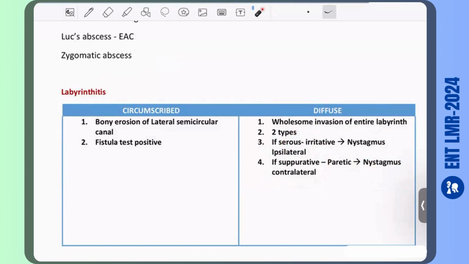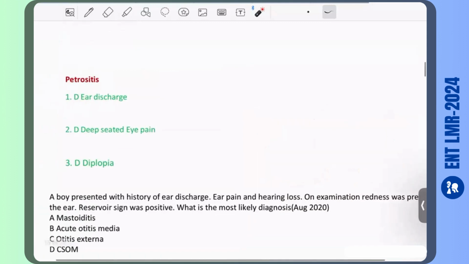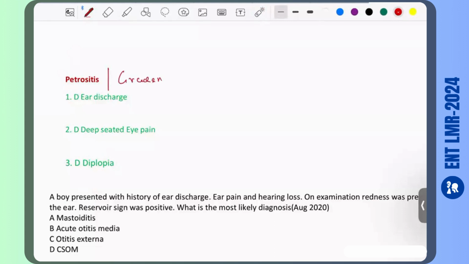Okay. So the third important intratemporal complication, petrositis, or otherwise we call it Gradenigo syndrome.